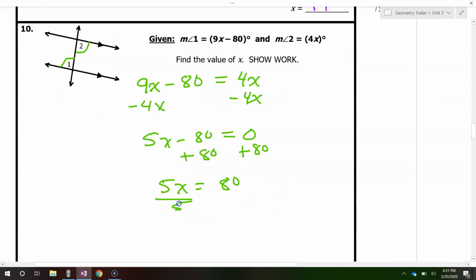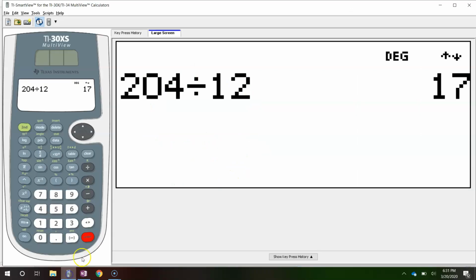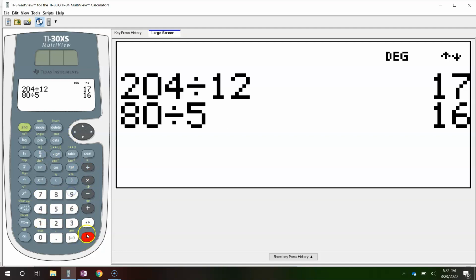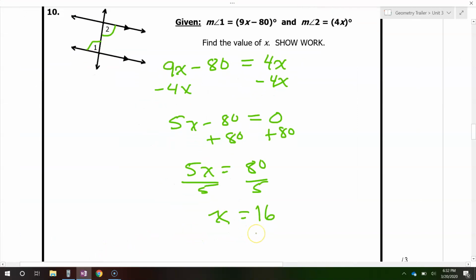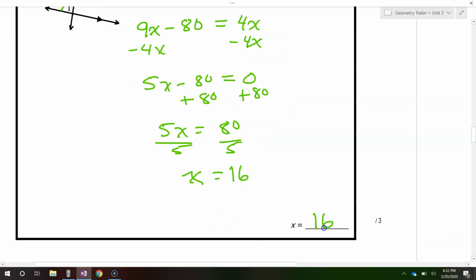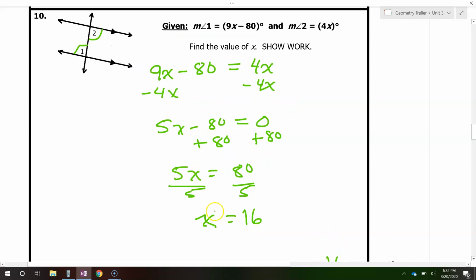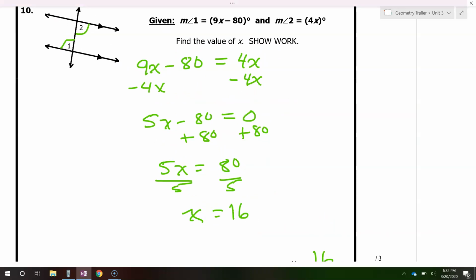And then you could divide both sides by 5. And that's going to be 16. Okay, so the answer is going to be x equals 16. So that's one way that you could solve this equation.